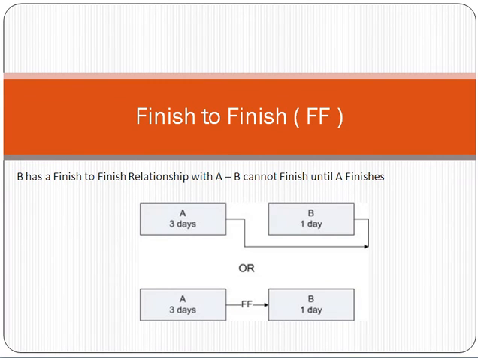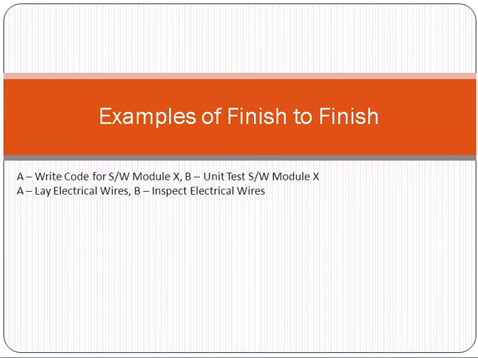Let me give you a few more examples, real examples. For example, you are writing the code of a software module. Activity A is to write the software code for a module, and activity B is the unit testing of the software module.